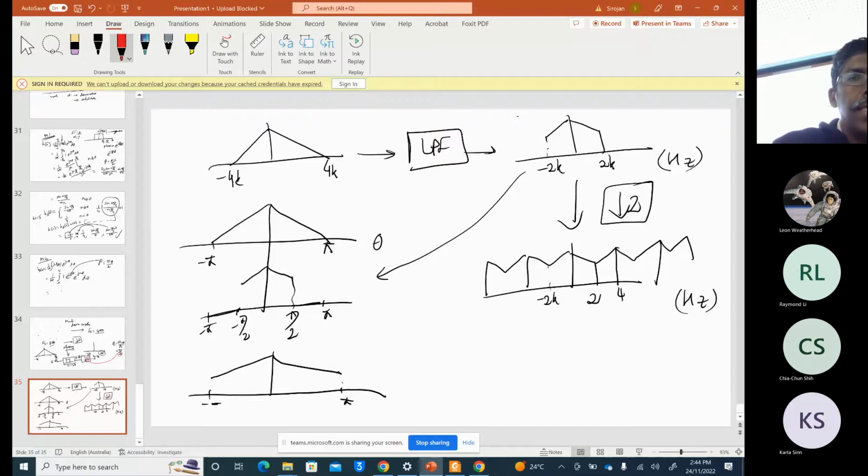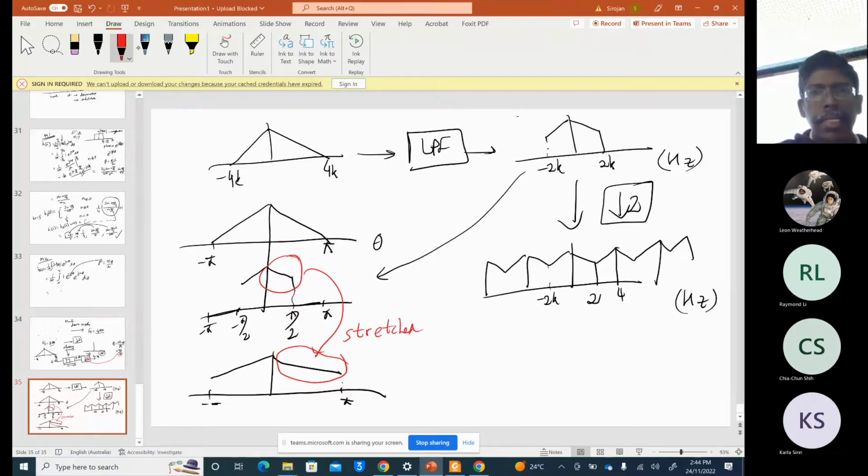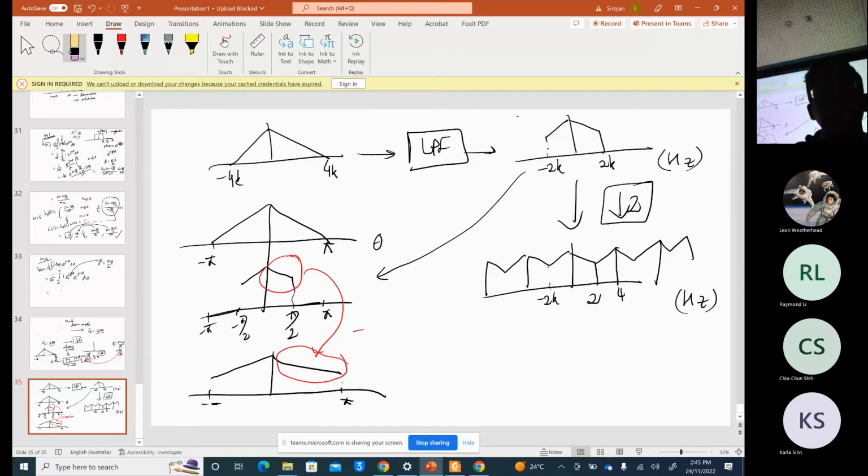So this part is stretched. So how do we do the downsampling?